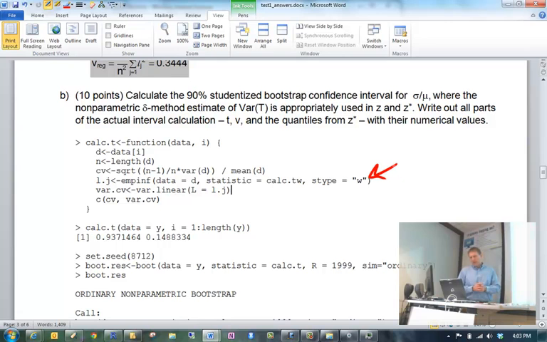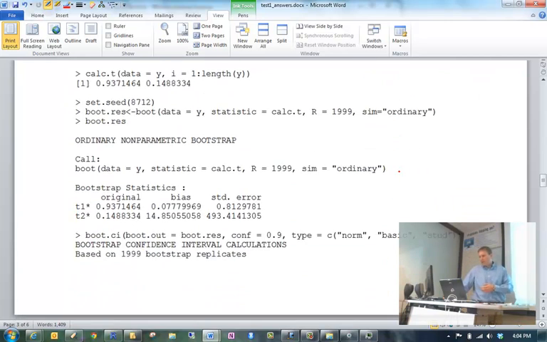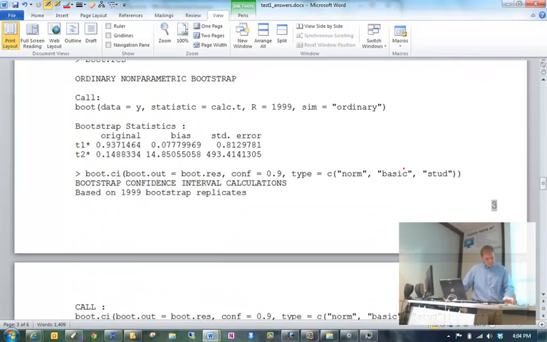Some of you also, I think, accidentally did 95% confidence intervals versus 90%. But I think that lost maybe 1 point. Also, I wanted to mention, obviously be careful with the notation. If you have a star on something, that means a lot. It's a lot different than if you don't have a star.